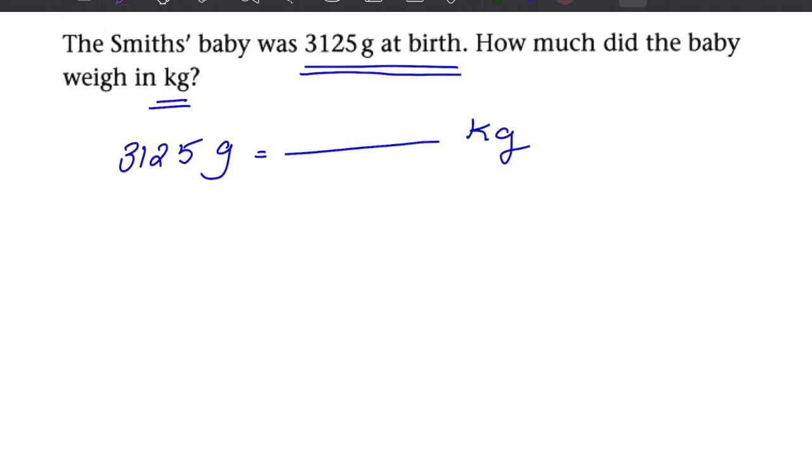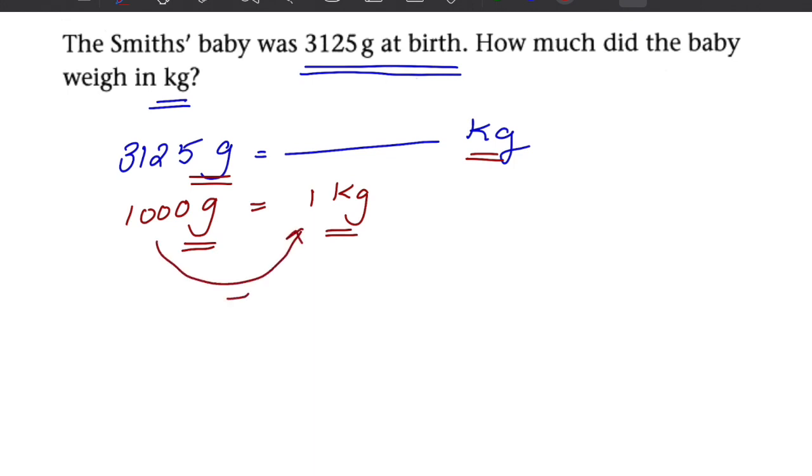Now, if you look at your formula sheet, you'll know that 1,000 grams is equal to 1 kilogram. And again, I will say this over and over again. Watch how I line these up, okay? The grams on the left, kilograms on the right of the equal sign. To go from 1,000 to 1, we divide by 1,000, okay? So here, I'm going to divide by 1,000. So the weight of this baby is 3.125 kilograms, okay?